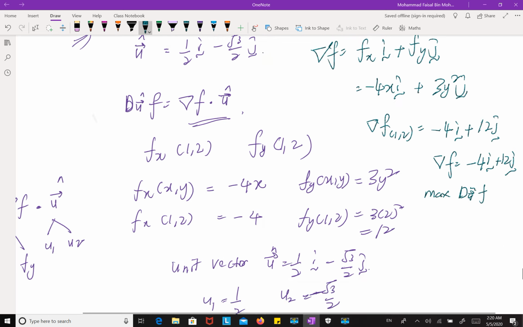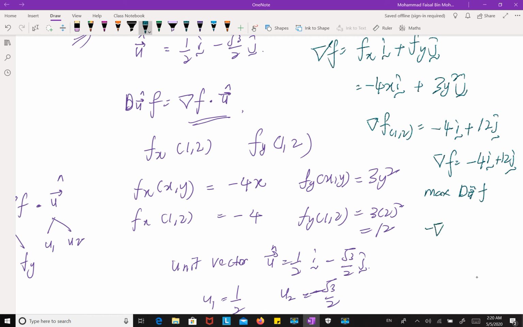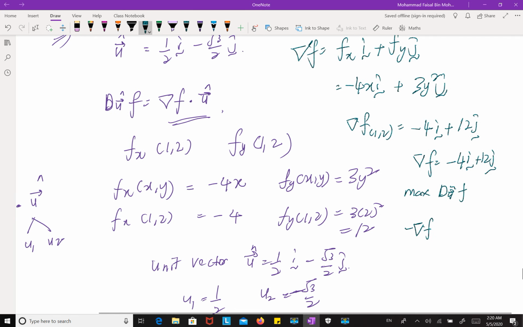Okay, but if I put negative del f, or negative nabla f, this will be 4i minus 12j. And this will be the minimum directional derivative.